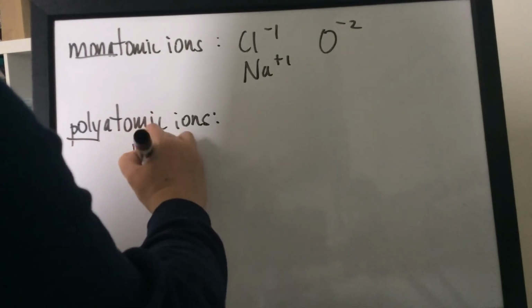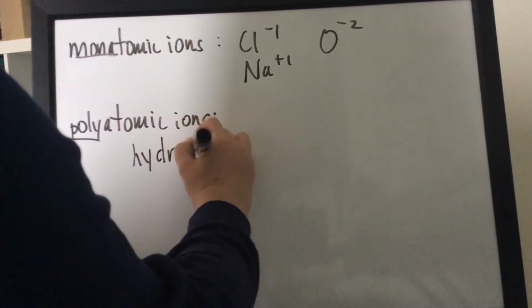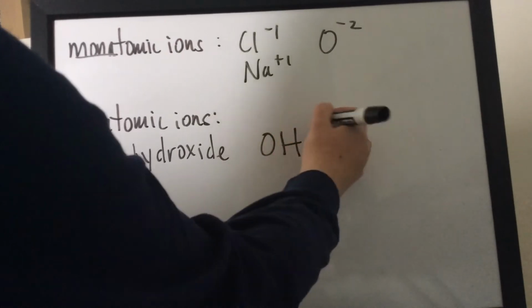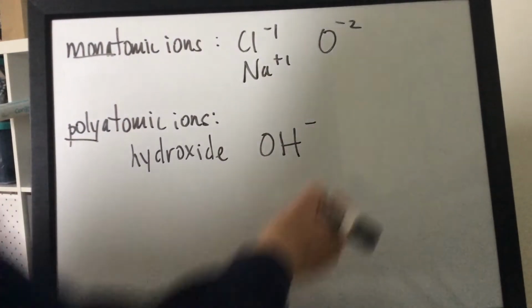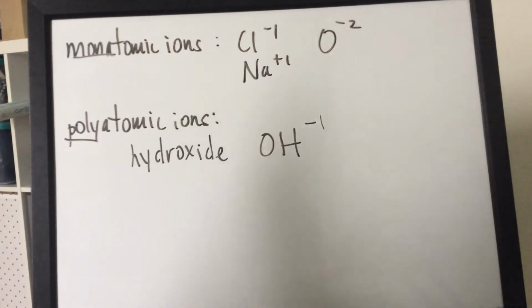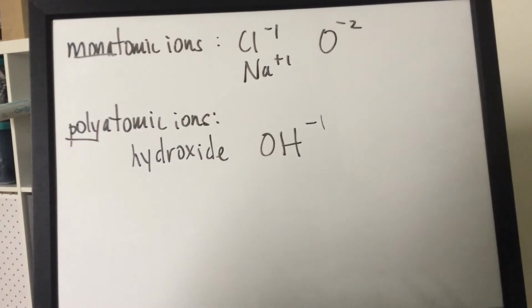If you look on your paper, hydroxide is OH with a charge of, your paper says minus, which means -1. Technically that means it's an oxygen and a hydrogen stuck together, and the whole thing has a -1 charge.